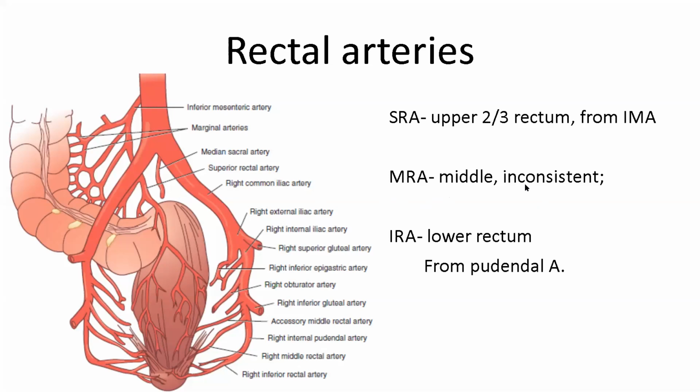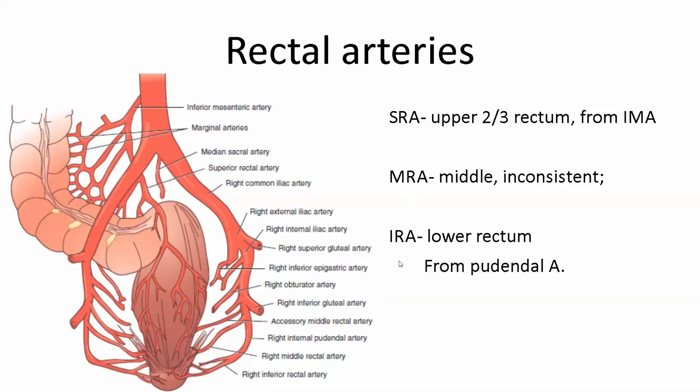Second is the origin of the middle rectal artery, which is again a variation. Different variations are there. Most of the time, about 40%, it arises from the internal iliac artery or inferior gluteal artery.